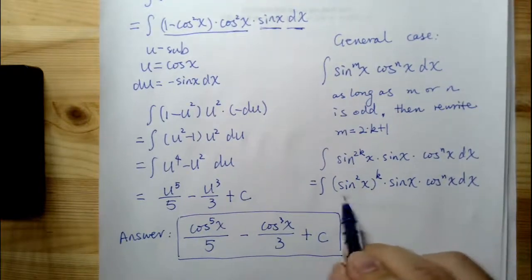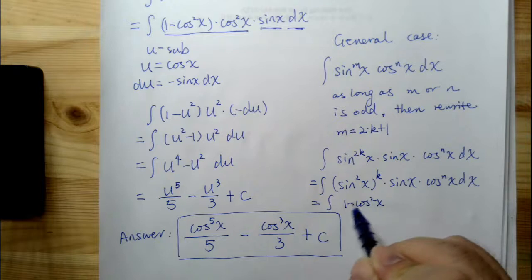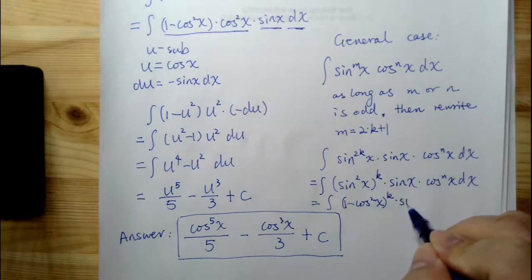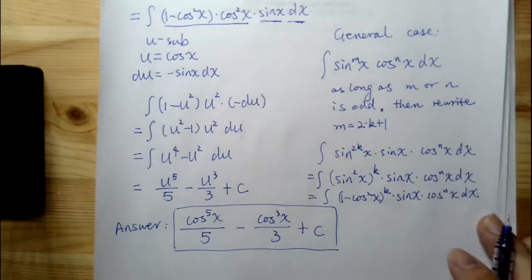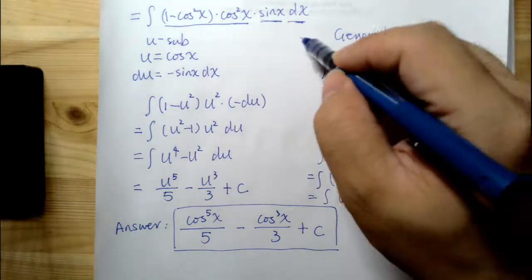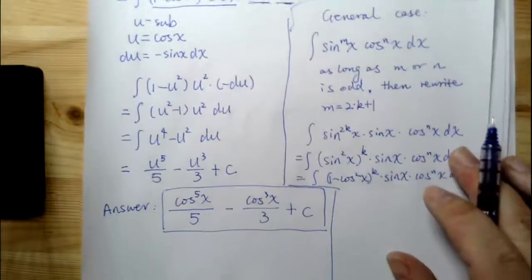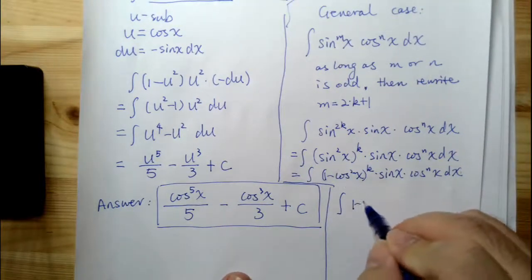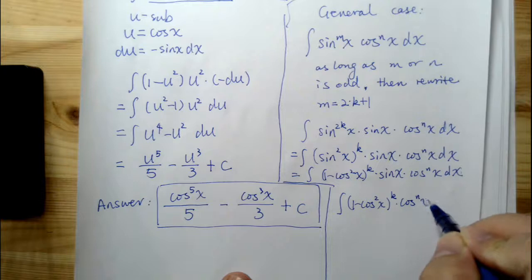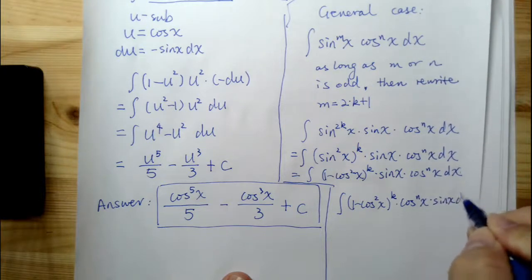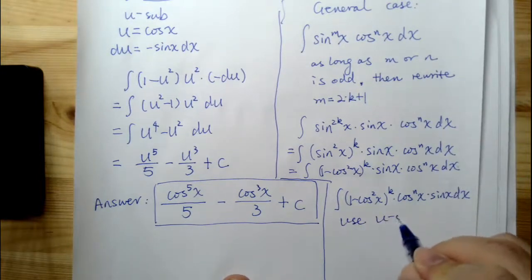And then of course you can use one of the identities to rewrite this. It's going to be 1 minus cosine squared to the power of k times sine x times cosine to the power of n dx here. So we're talking about the general case. Your integral is going to become 1 minus cosine squared to the power of k times cosine to the power of n x times sine x dx. And like we said, starting from here, use u substitution.